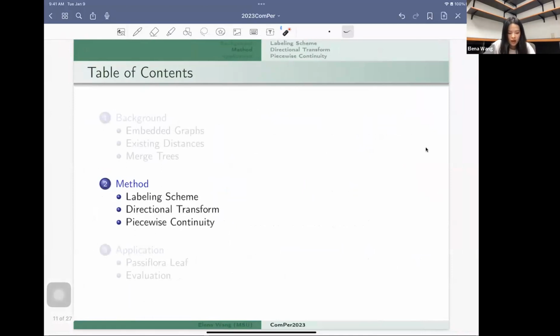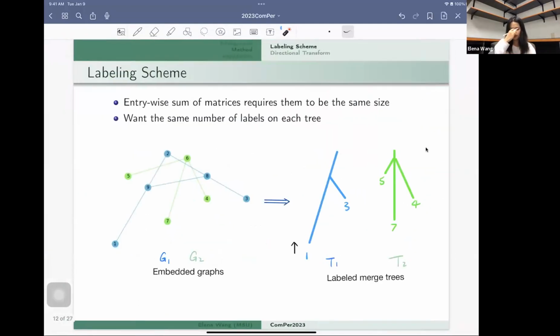So next, I'm going to talk about the method that we used to develop our distance based on that context. So you might have noticed already that the entry-wise difference of matrices requires them to be the same size. So it requires the labeling to be the same size, essentially. And that's not guaranteed for any given pair of embedded graphs.